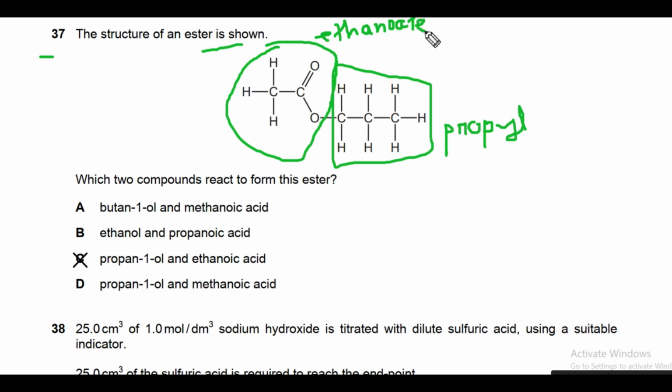Which two compounds react to form this ester? The alcohol part is propyl, so propanol is needed, propan-1-ol, and the acid part is ethanoate. The 2 carbon containing acid is ethanoic acid. So ethanoic acid reacts with propan-1-ol in the presence of a sulfuric acid catalyst to form propyl ethanoate. So C is the right answer.